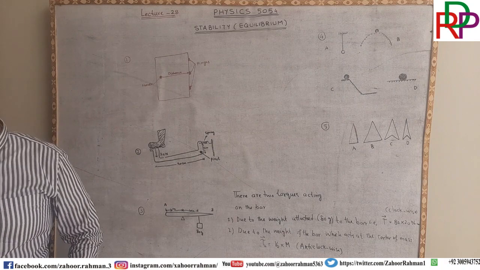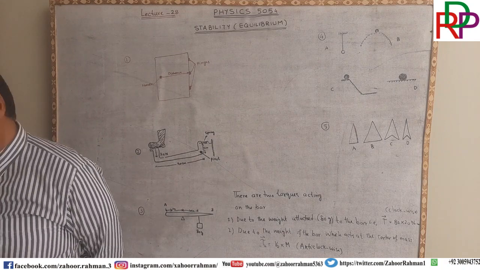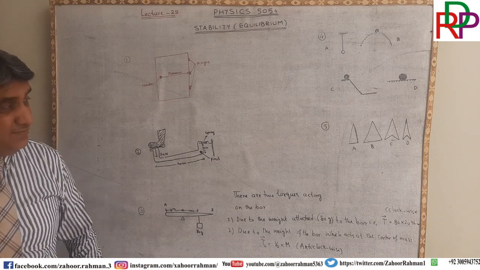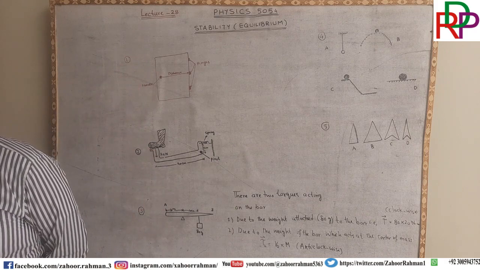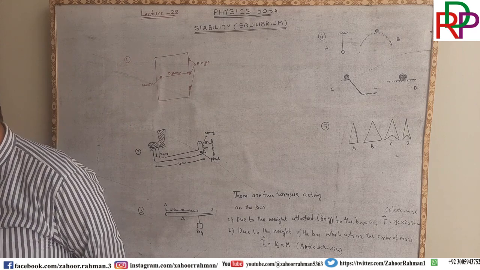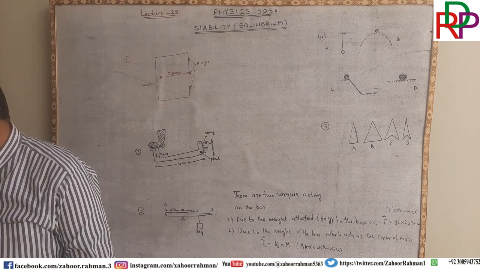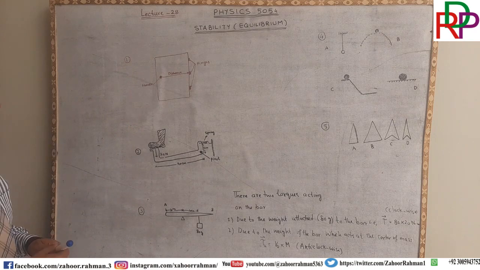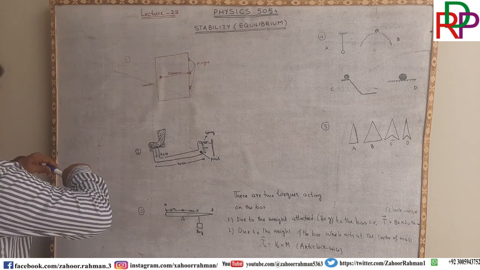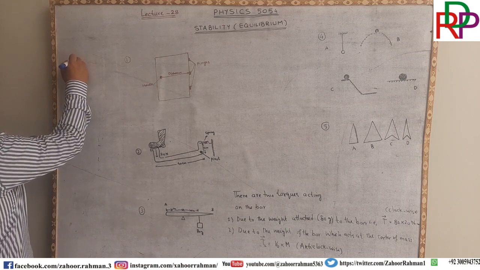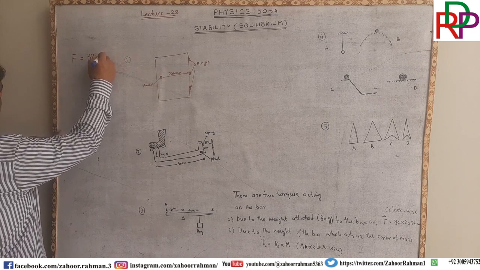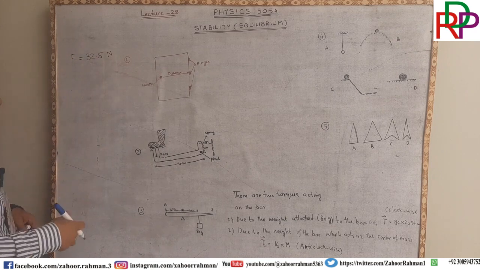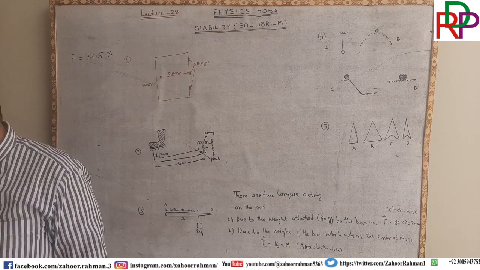The first question, which is on page number 77, gives this diagram, and says a door requires a minimum of 32.5 Newton. So F is equal to 32.5 Newton. We are writing the data as well.